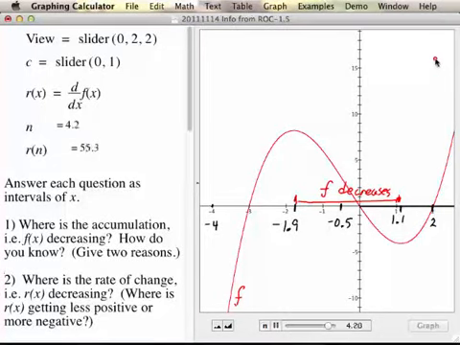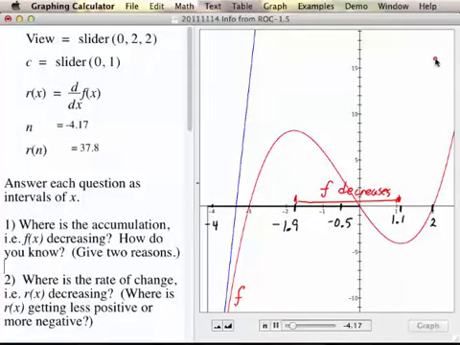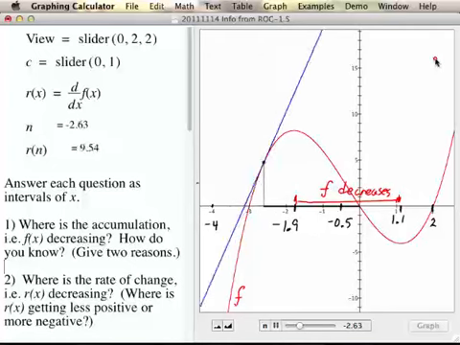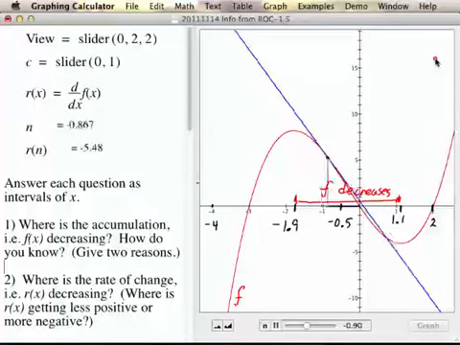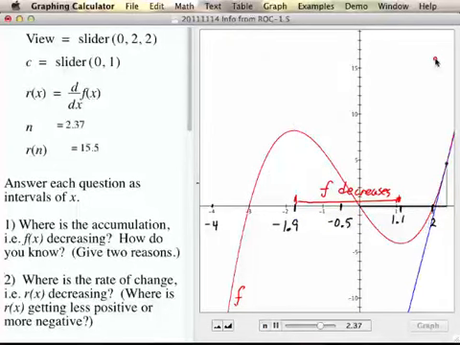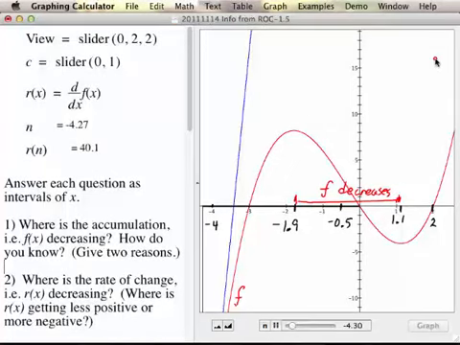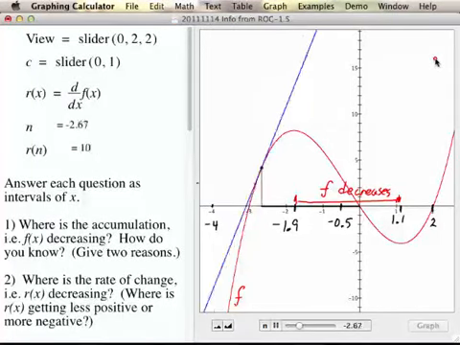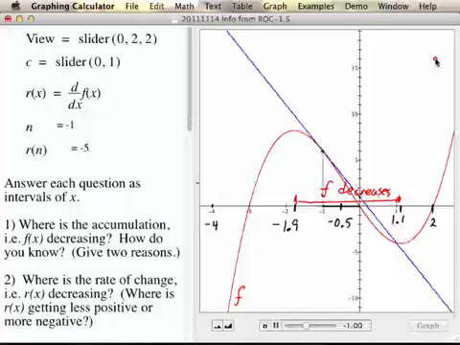Negative 3.5 to about 0.5. Wait, hold on. Less negative... positive and becomes more negative.